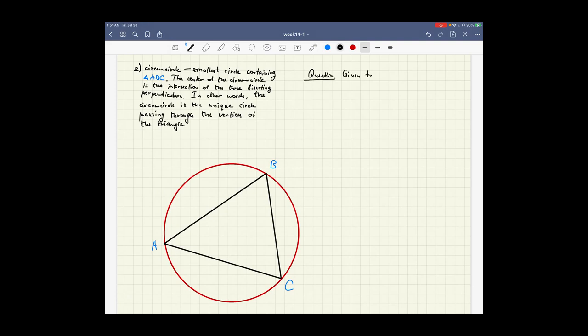Given 2 distinct points in the plane, what is the set of points equidistant from them?